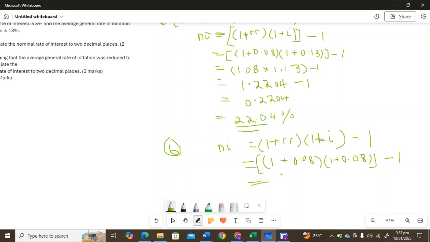So 1 plus 0.08 is 1.08. You can say 1.08 multiplied by 1.08, minus 1. So 1.08 multiplied by 1.08, you get 1.1664.